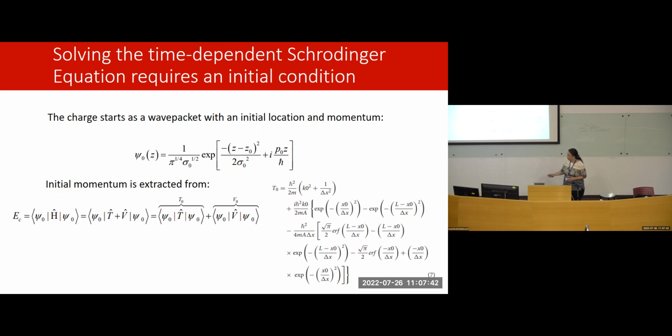It's actually analytical. If you know the wave function and you have the kinetic energy, which is a second derivative, then it's possible to get this equation analytically for the kinetic energy. And the potential energy is calculated numerically.